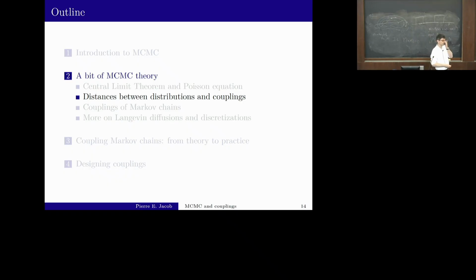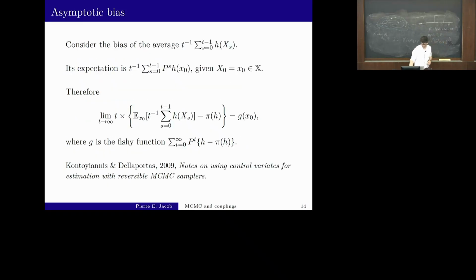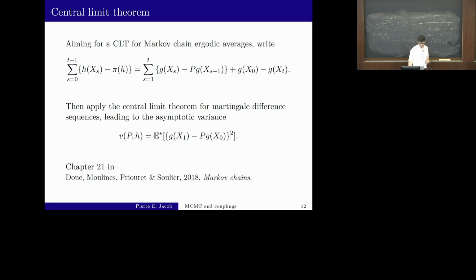But just to get a sense of the theorem: I start with a pi and some transition kernel, and the theorem says that if there's a Poisson function for them, then you have the central limit theorem with the long-run covariance.